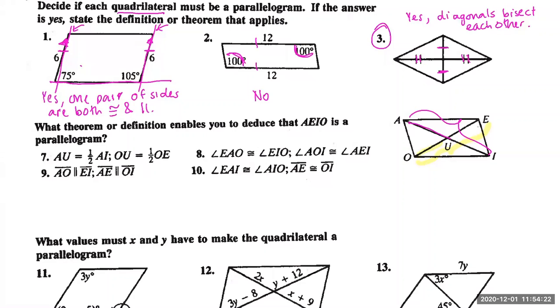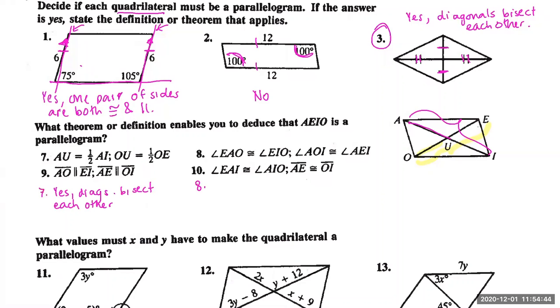Yes or no on 7? Okay, good. The diagonals one is the one that we're hopefully going to think is the easiest to recognize. If it's half of it, then that means that the diagonals bisect each other. So we are able to conclude, yes, diagonals bisect each other.